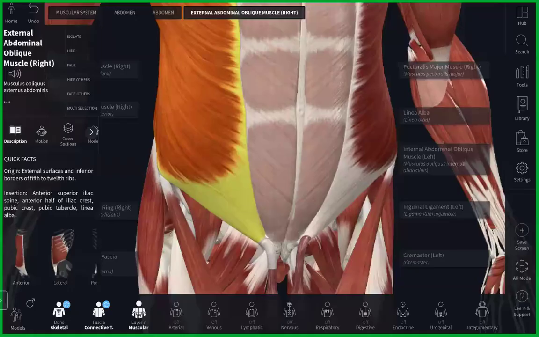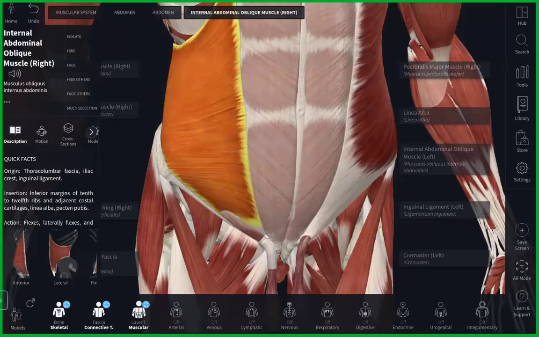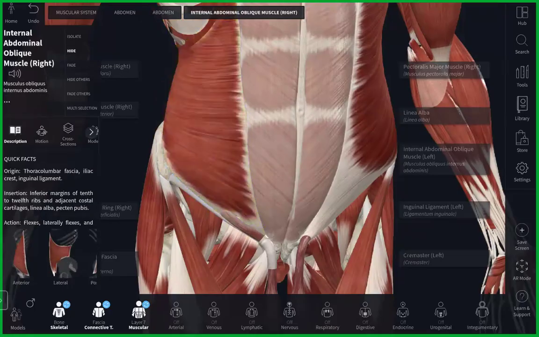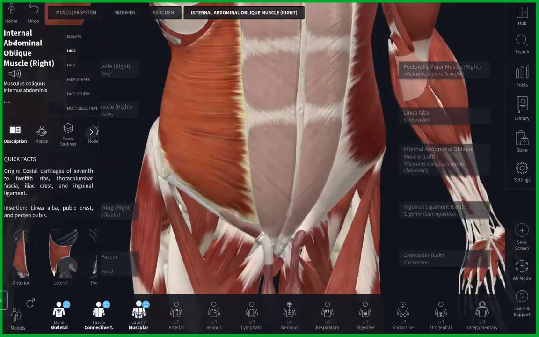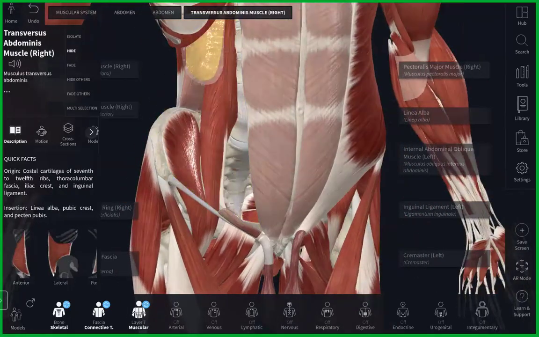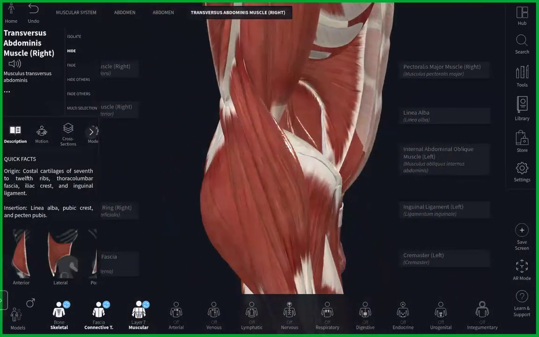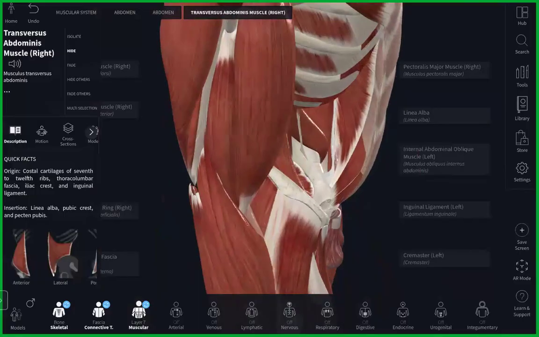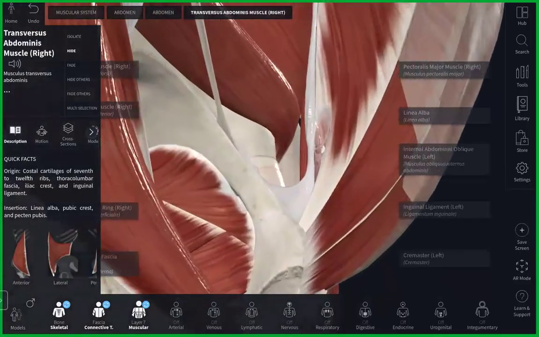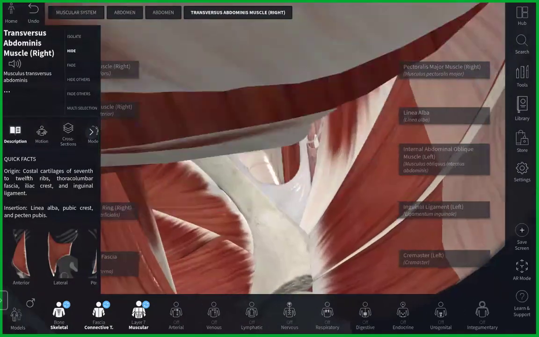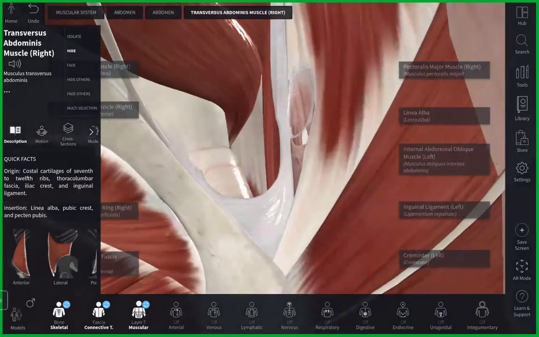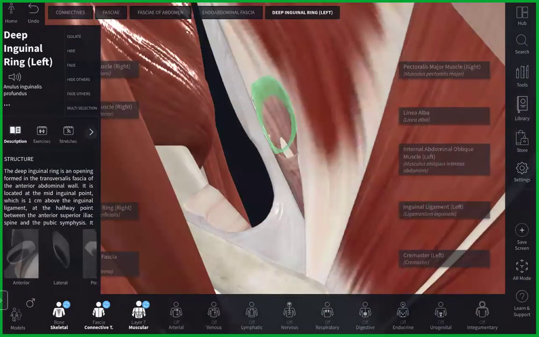First, external oblique. We hide it. Then we have internal oblique. We hide it. Then we have transverse muscle, that is transversus abdominis. Three layers. Then we have fascia transversalis, which we cannot see here. Now we are going behind again. If we see from behind on the opposite side, we can see this opening.